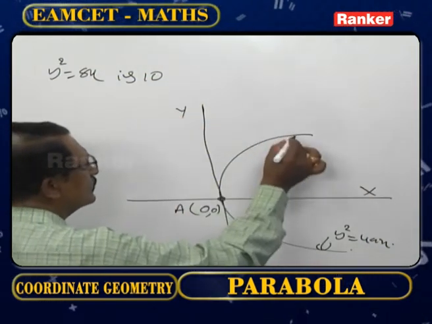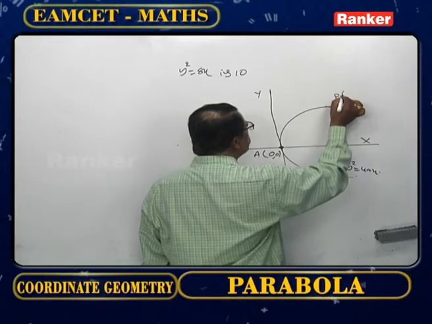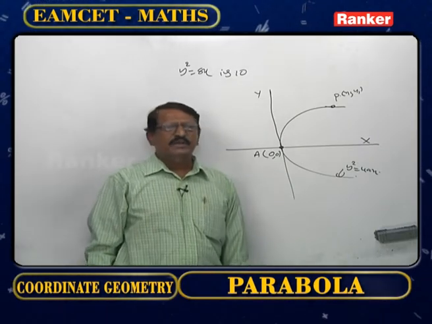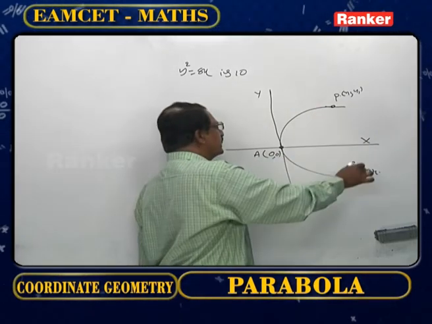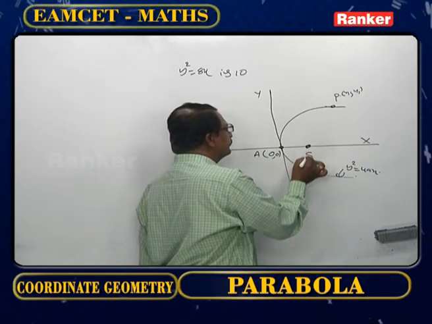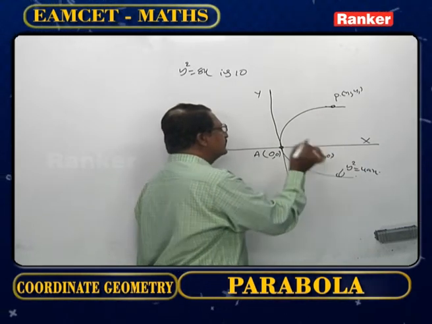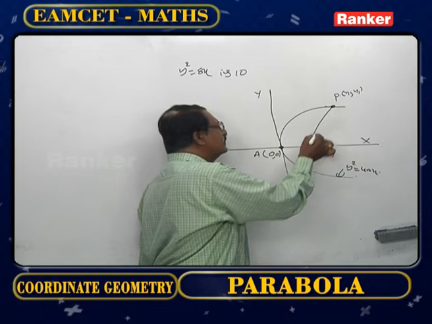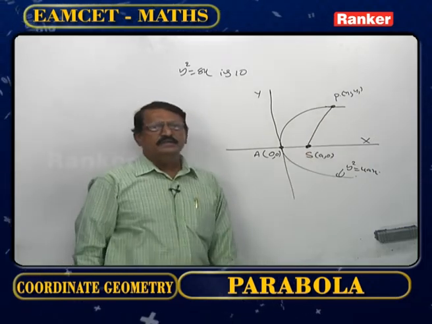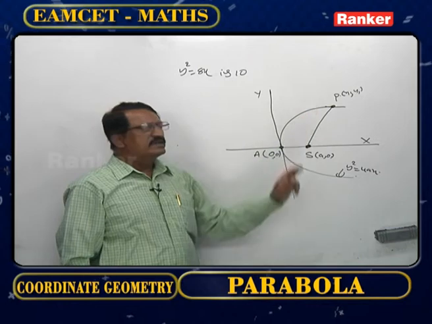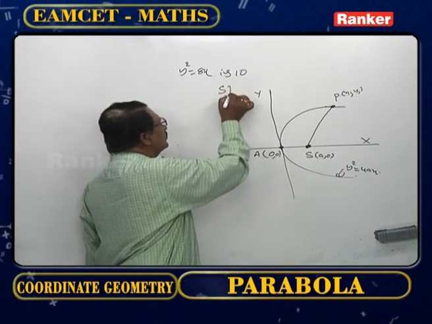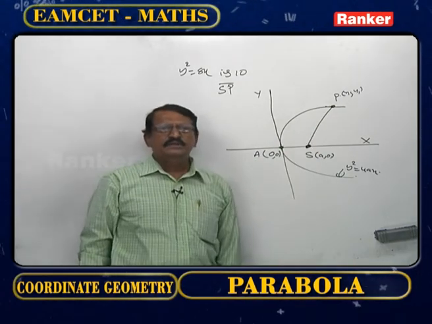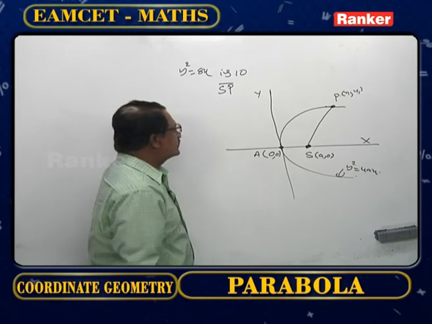Suppose P(x1, y1) is a point anywhere on the parabola. If S is the focus of the parabola, (a, 0), the distance between P(x1, y1) and the focus S is called the focal distance of the point. SP is called the focal distance: the distance between the focus and a point on the parabola.